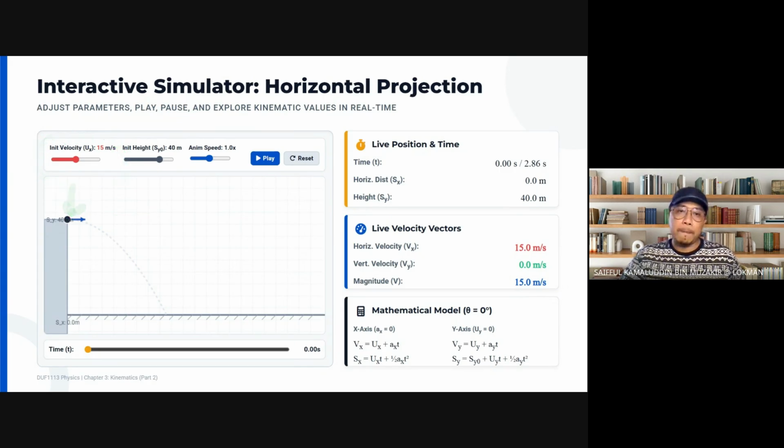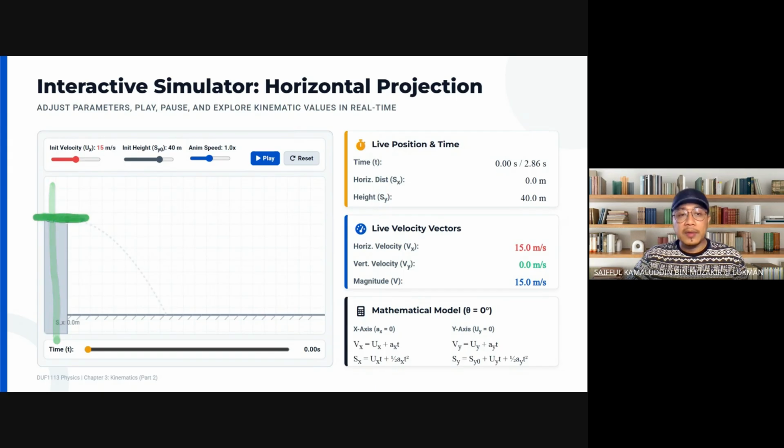So only UX can be seen over here, no UY. If the initial height is given as 40 meters, then we know 40 meters is the height of the cliff, from the top to the bottom of the cliff. So this one can be manipulated and will become our SY. Our SY will become negative 40 meters because the ball will fall down. This is the initial position and this is the final position in the Y component.